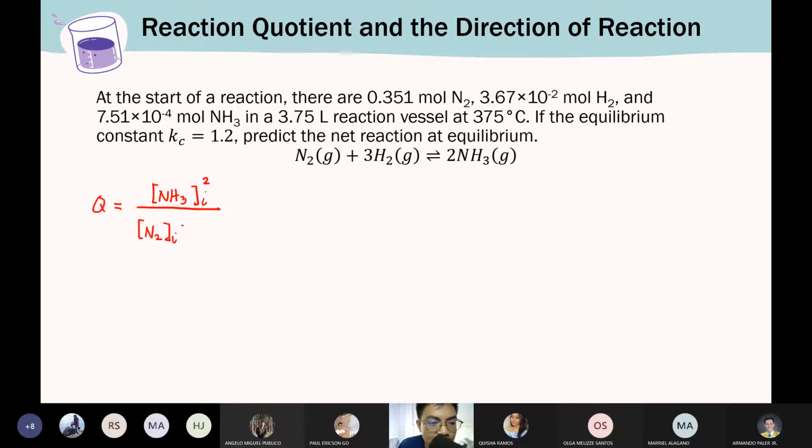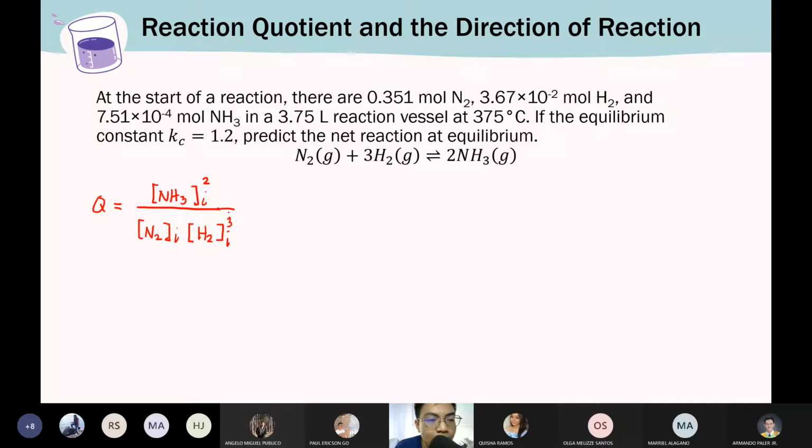Okay, just to distinguish the Q and the K. So again, same lang yung equation ha. Except this time, their amounts must be the initial. Yan, so NH3 initial squared, N2 initial, H2 initial, then Q.